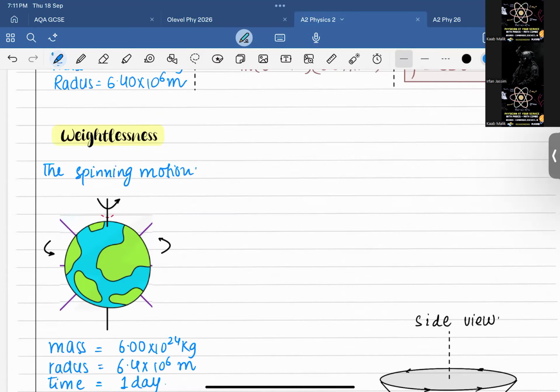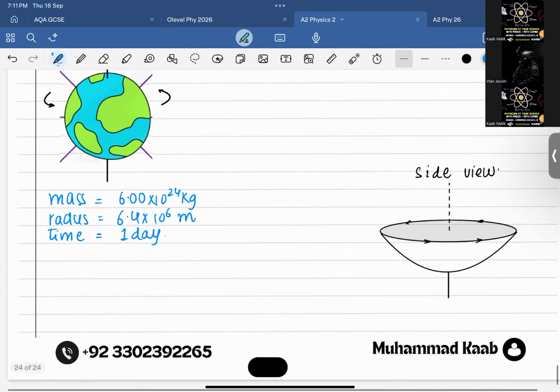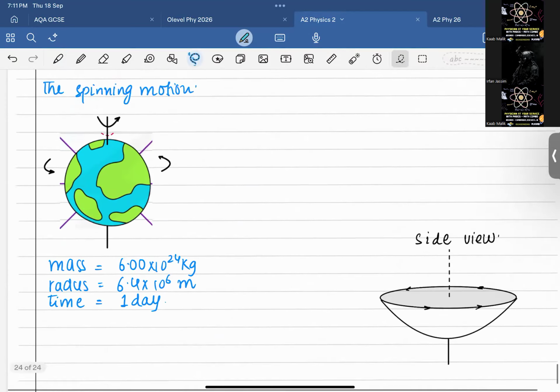So these are the three data that we have, right? Now, if you look at the earth from the side view, this is the equator of the earth, the horizontal line cutting the earth.